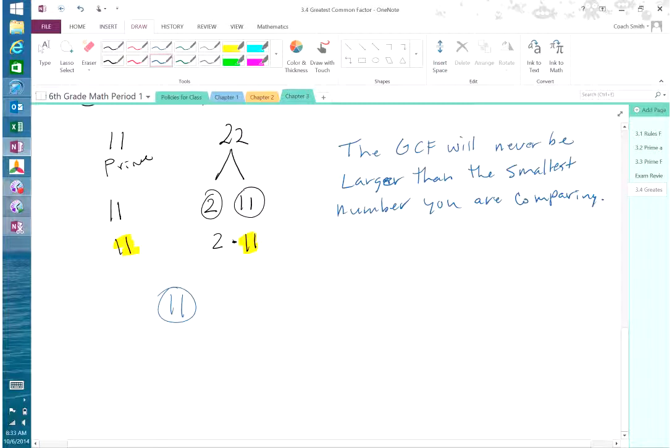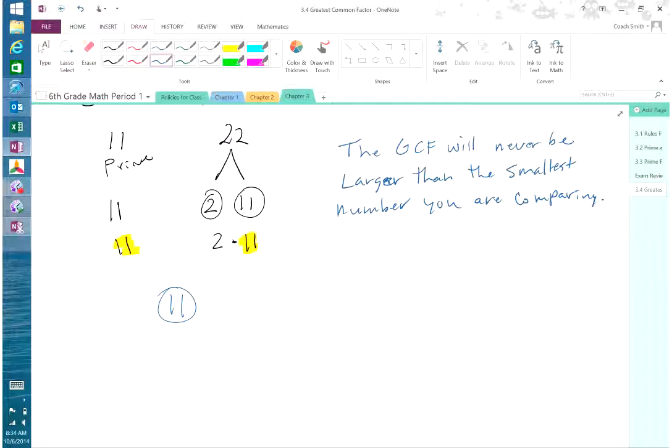Okay, so when we're comparing 11 and 22, which is smallest? 11 or 22? 11. So what I'm saying there is this. The GCF of 11 and 22 will never be larger than 11. It can be 11, as we just solved, okay, but it won't be 12, it won't be 13, it won't be 14, it won't be 15, and the reason being is, can I multiply 12 times any whole number and get 11?